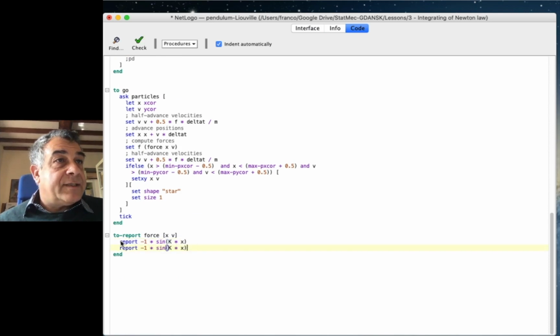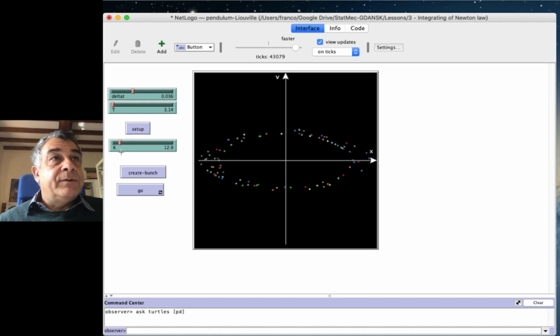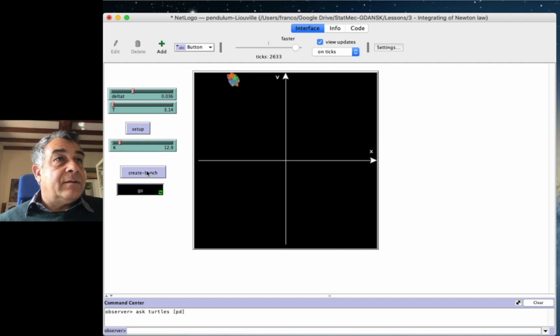quickly replace this force with a linear force here. So now this is the harmonic oscillator. Maybe this is the force of the spring, so I should increase. I don't know. Too much.